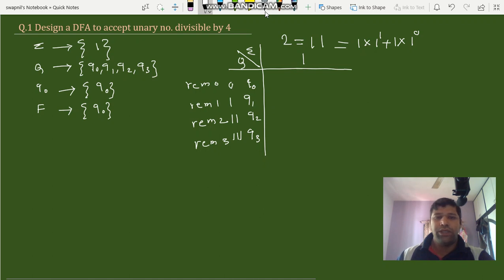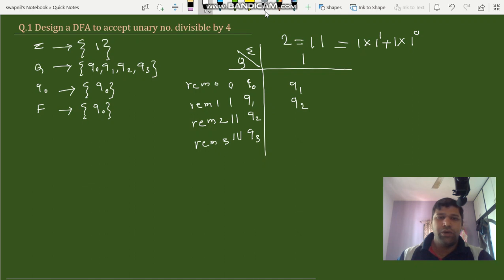Now we'll see whether each number is divisible by decimal 4. 0 1 is nothing but 1, and 1 divided by 4 gives remainder 1. The next we take is 1 1, which means 2, so the remainder is 2.